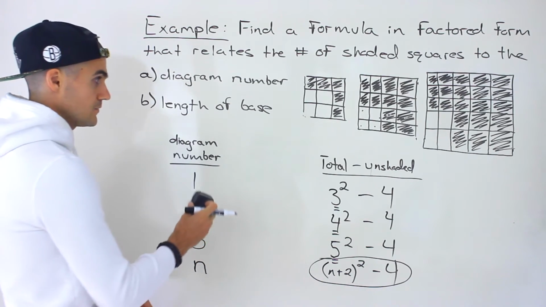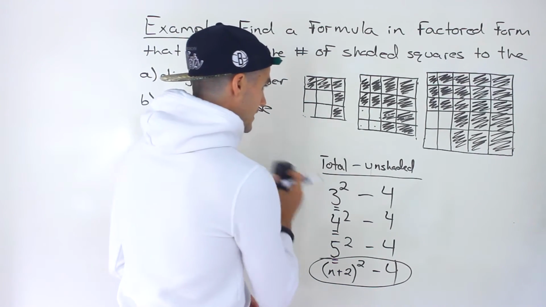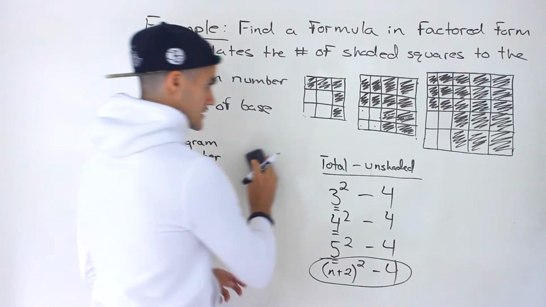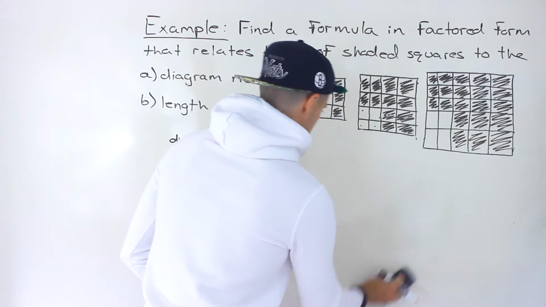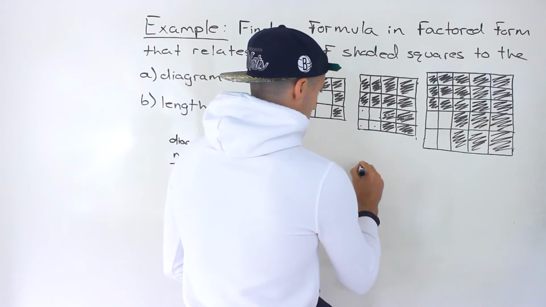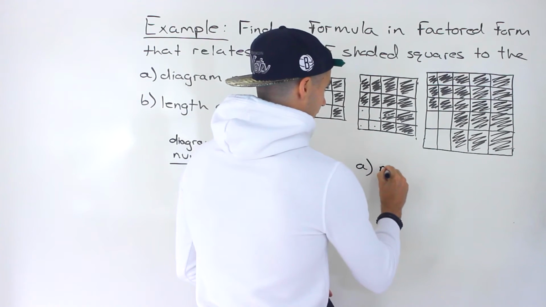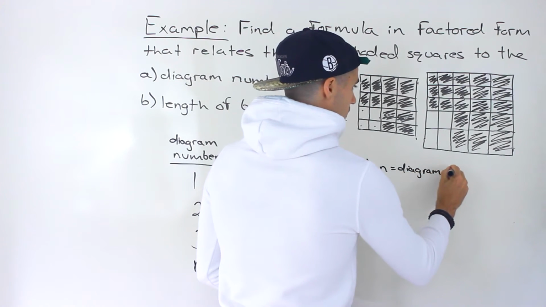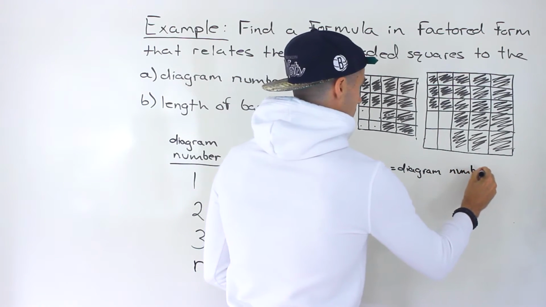So what we can do is for part A, I'll erase this over here. And so for part A, what I'll do is I'll let n equal the diagram number. You could let it be x, you could put any variable.